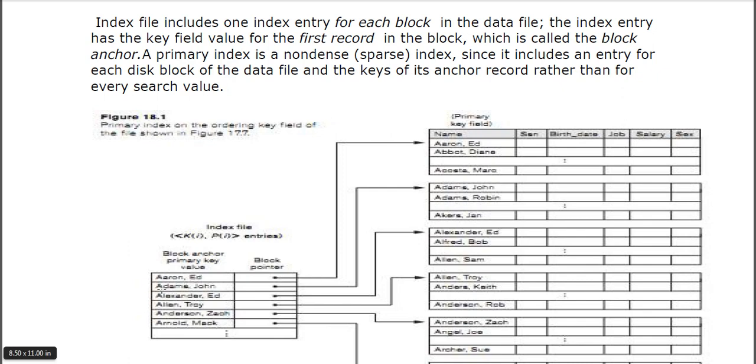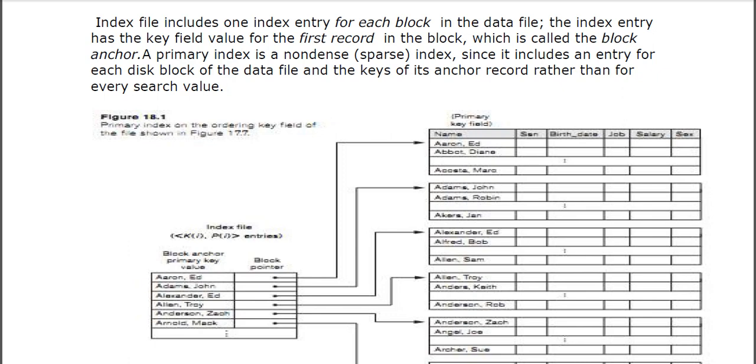Similarly, Adams is the first value of the second block, against which you get a block pointer. That is, the first value of each block is stored in the index file, and the corresponding address is also stored in the index file. This is called the block anchor. The first value of each block is called the block anchor, and the corresponding pointer is also stored in the index file.